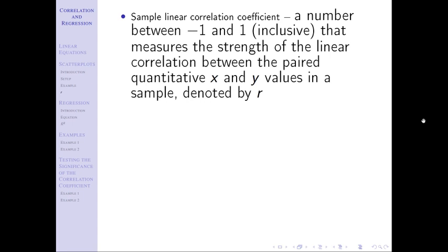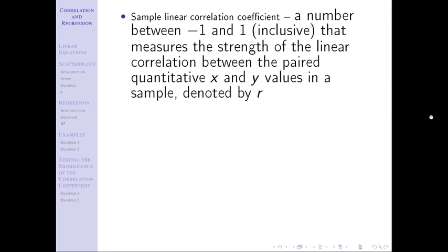So anytime we have a sample of values that are paired quantitative values, we can plot them, we can look at them and assess the three key pieces of information we want to look at with regards to their relationship, but we can also come up with a mathematical number that tells us what we think about the relationship.